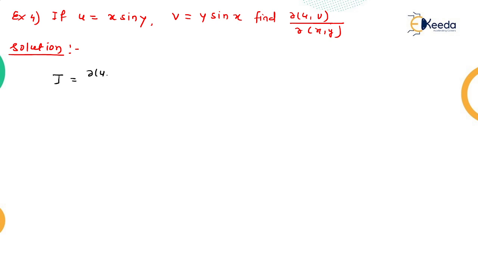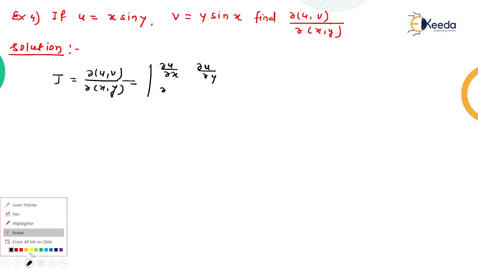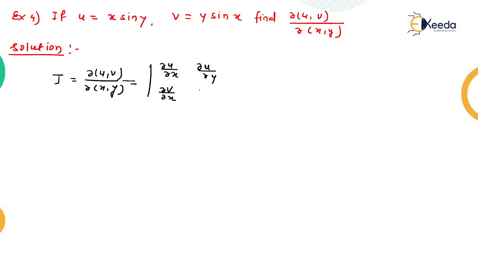Jacobian is del(u,v) upon del(x,y), and this is equal to the determinant: in the first row del u by del x, del u by del y; in the second row del v by del x and del v by del y, right?